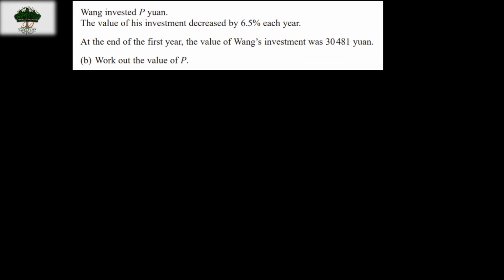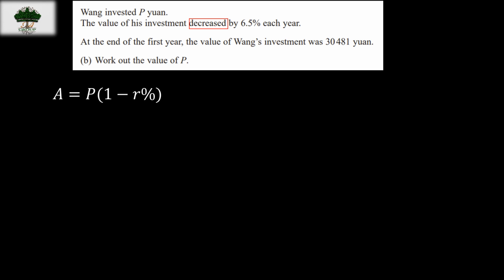In B, for the same question, he asked about the present value if the future amount is 30,481 and the rate is 6.5%. At the end of the first year, the value of the investment was 30,481. Work out the value of P. Since he talked about a decrease, we use the same formula but put a minus between 1 and R percent.